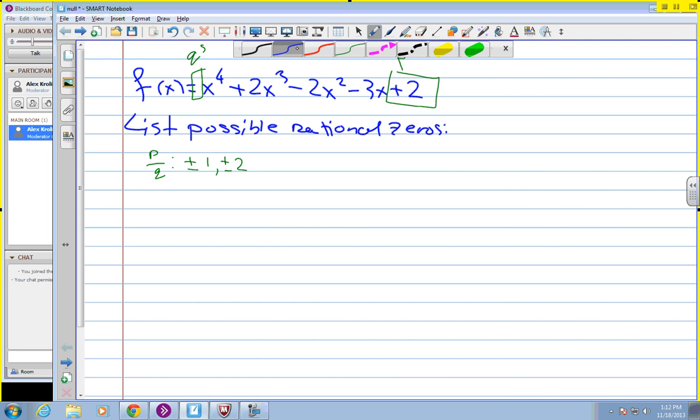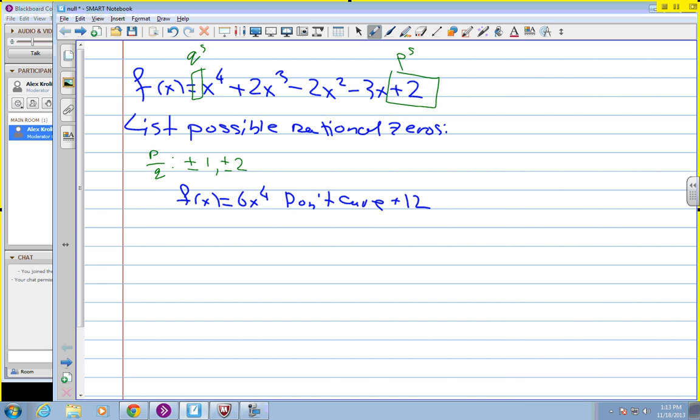But in a hypothetical situation, let's say the problem was f of x equals 6x to the 4th, don't care, 12. What would be the list of possible rational zeros?